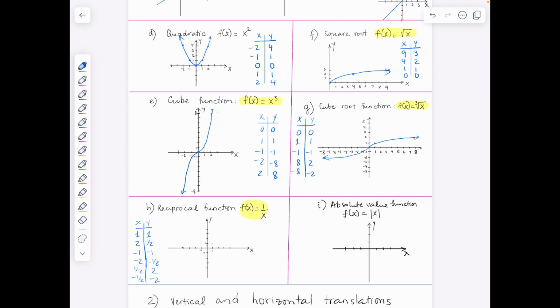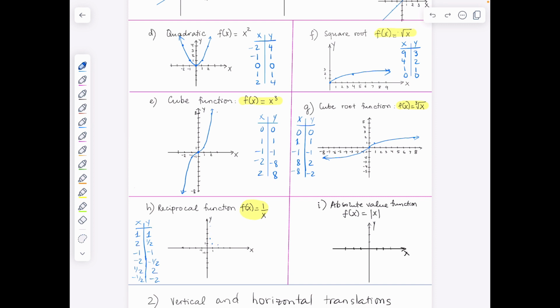So we're going to plot these points. 2, 1/2, and then we have 1/2, 2. It's about here. And we'll connect these dots.